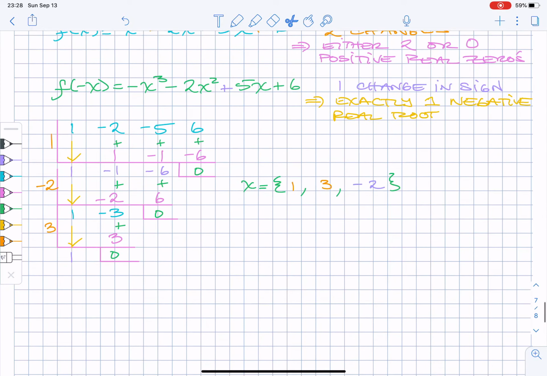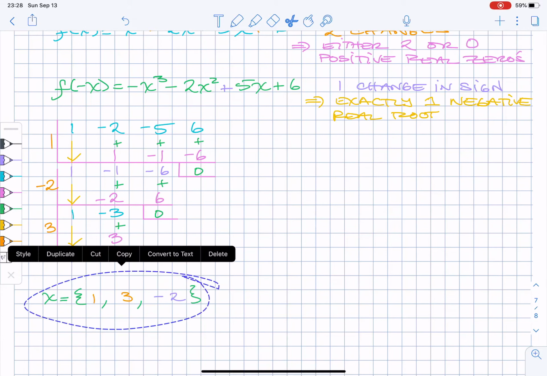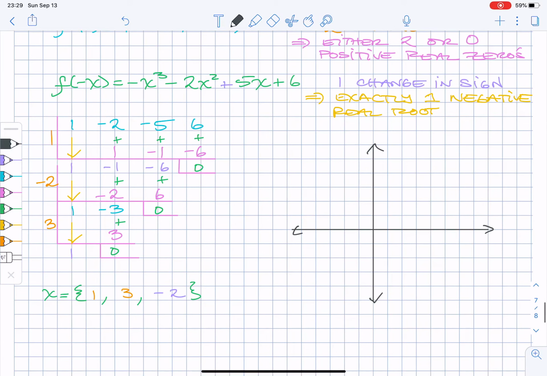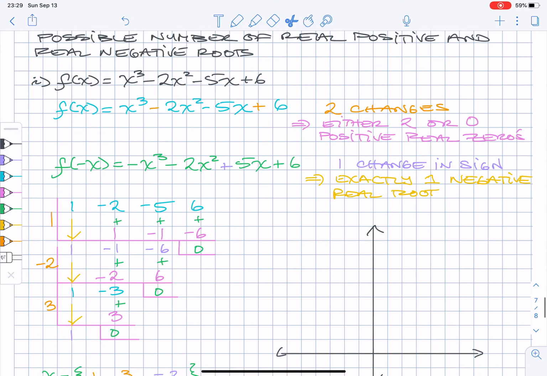Let's put these down here. Okay, so my x-intercepts are at negative 2, positive 1, and 3. Do I have a y-intercept of 6? Oh boy. Okay, maybe I should take this down then. So my y-intercept is when x is 0, and that's at 6.